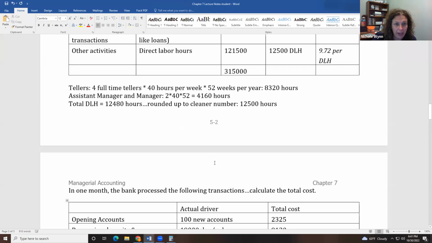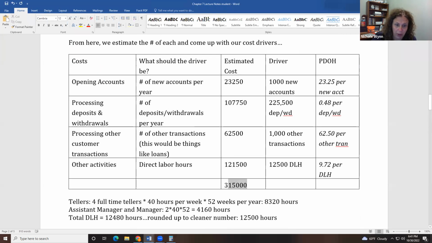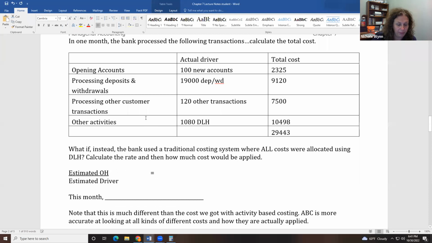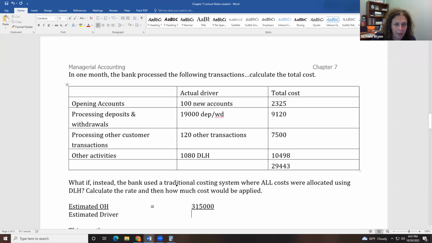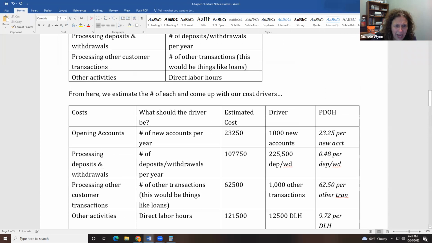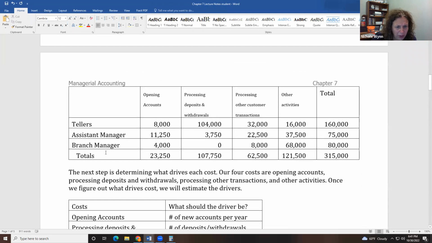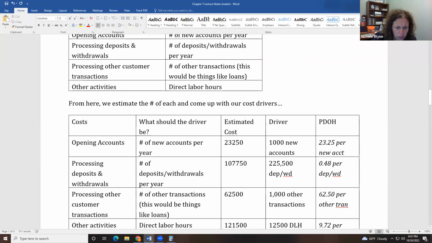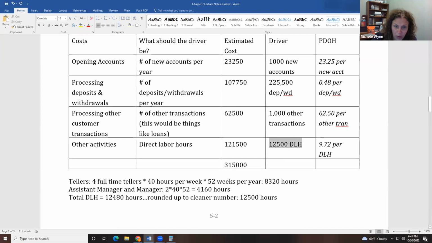Our estimated overhead, our total overhead all along has been 315,000. And then I'm going to divide by total direct labor hours. Based on my table up here, my total direct labor hours are 12,500.